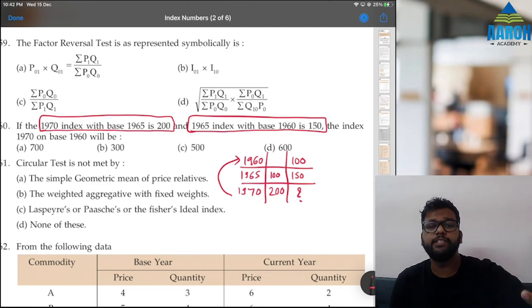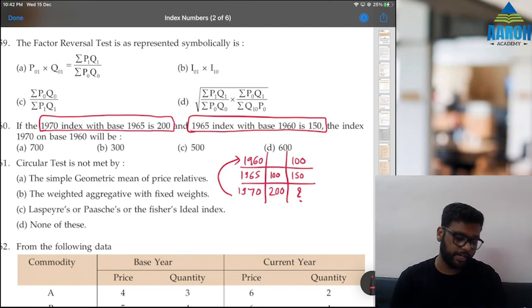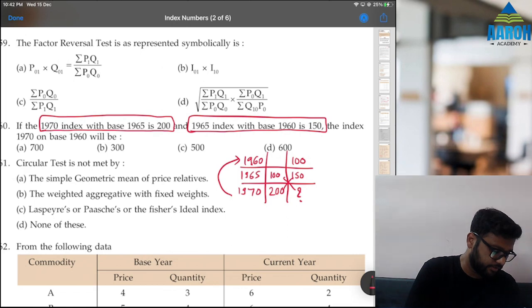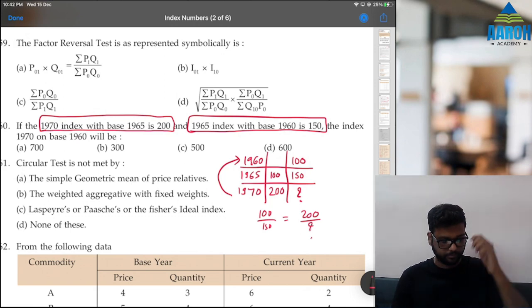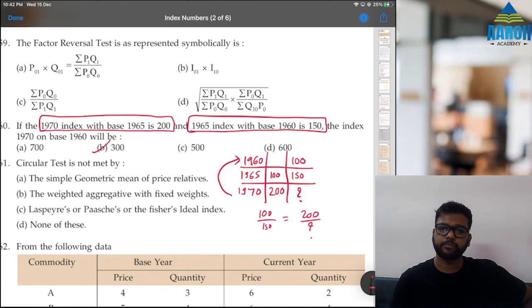So just cross multiply and find it. 100 is to 150, then 200 is to what? 300 is correct.